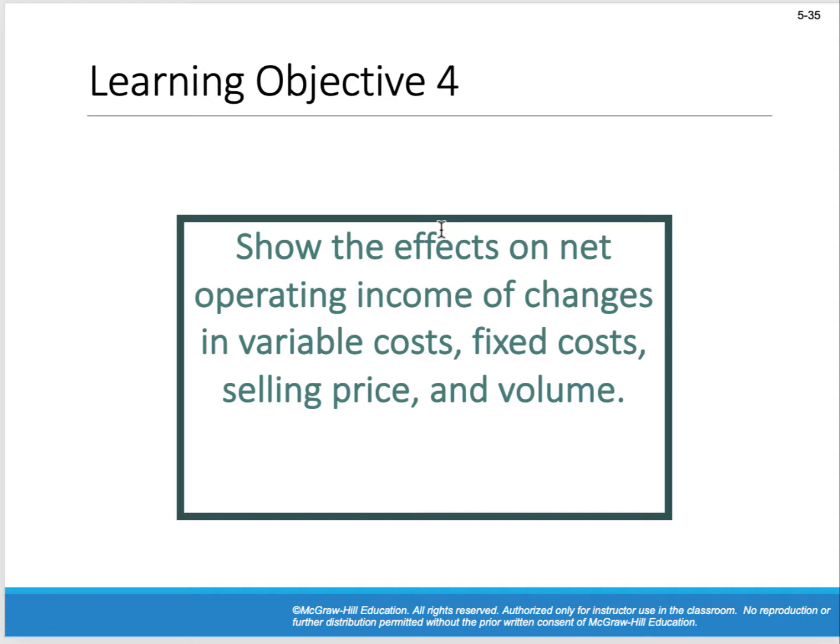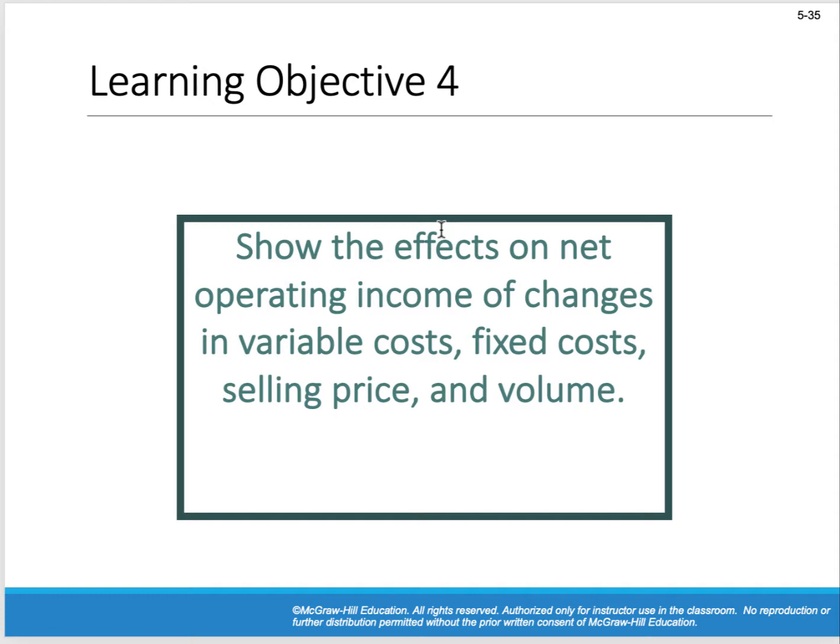We really went through the contribution formatted income statement as well, and we saw the CVP relationships in equation form. We talked about the unit contribution margin. We talked about the CVP graph and the profit graph, and we saw how to put those together.